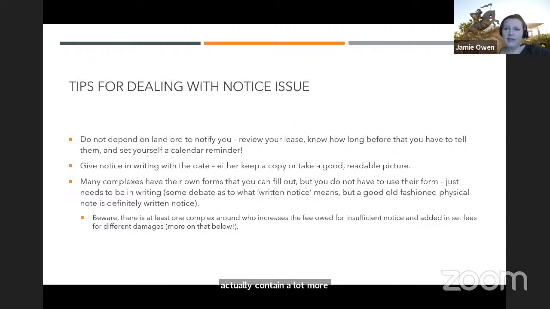It increased the liquidated damage amount. It had been a set amount in the lease, and then they made it a daily amount in the notice, and it actually was worse for the student to do that. They also included some set damage fees in that part, instead of in the lease. So, beware of that. You don't have to fill out their form. You just need to give them notice.